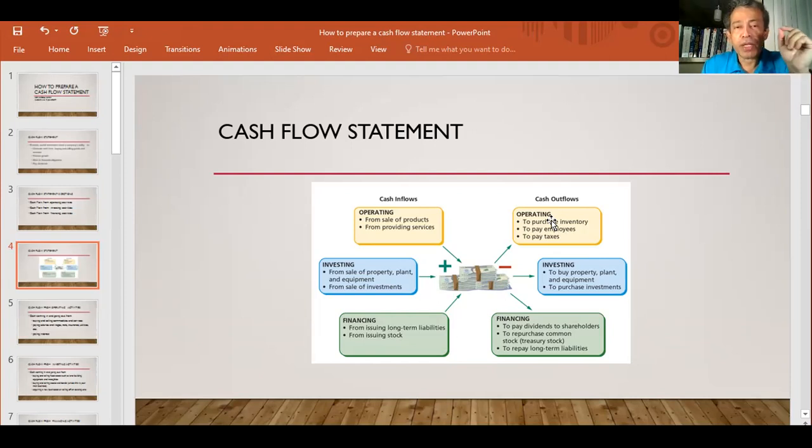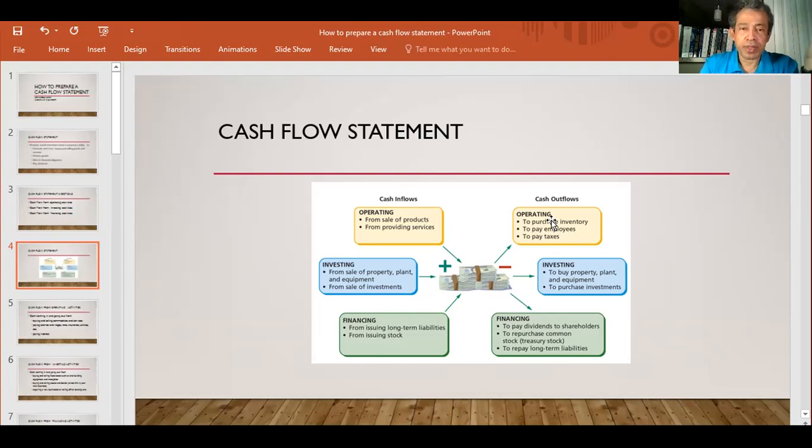So money received from day-to-day activities is operating, but money received from borrowing or from selling our equity or selling bonds, obtaining new loans, these are all inflows from financing activities. And the outflows include payment of dividends, most commonly, or stock repurchase.